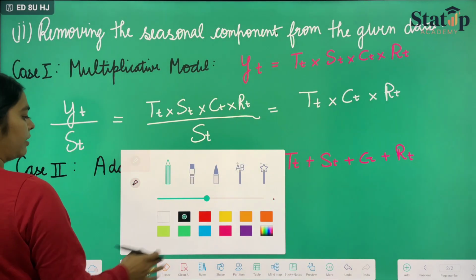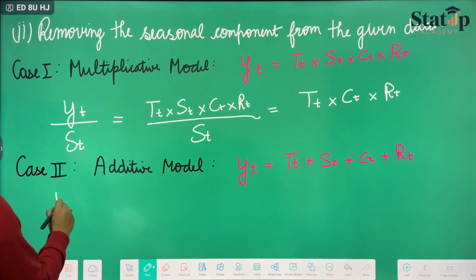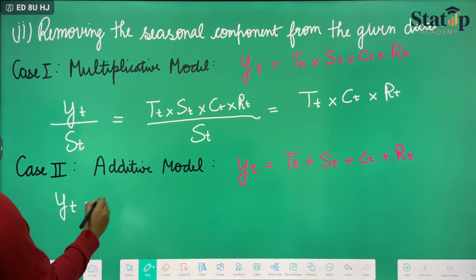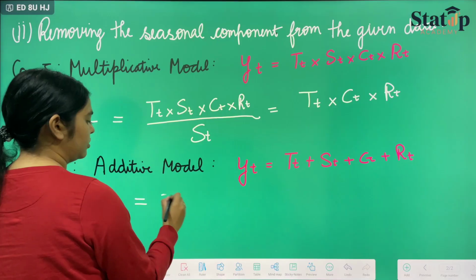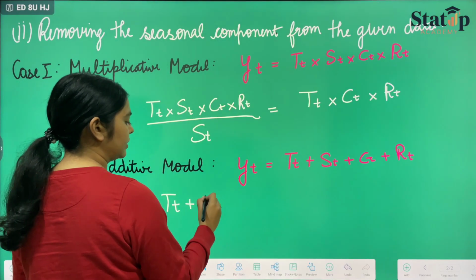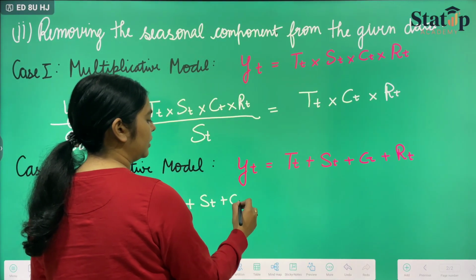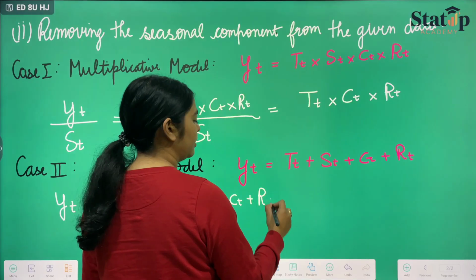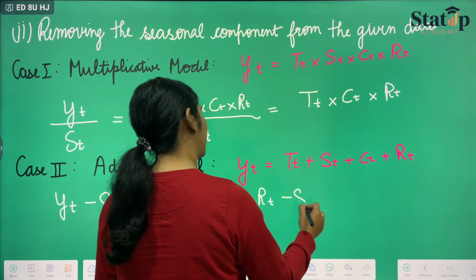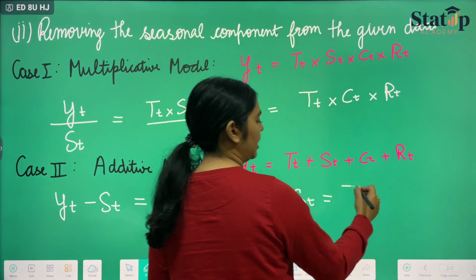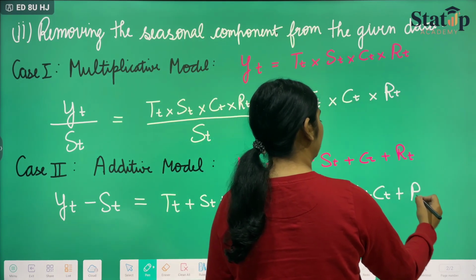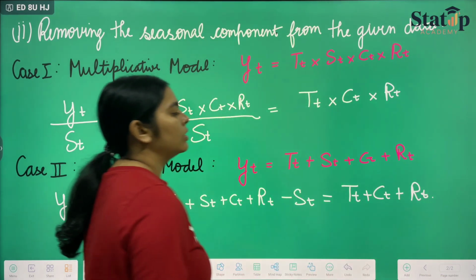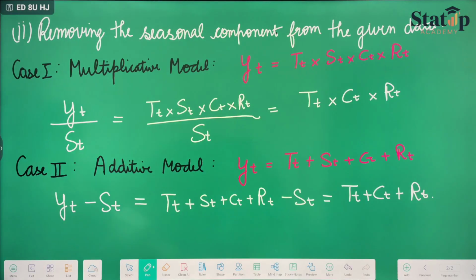Now we can remove this by subtracting the seasonal from the data. So TT plus ST plus CT plus random component minus ST, we are left with trend, cyclical, and random component.